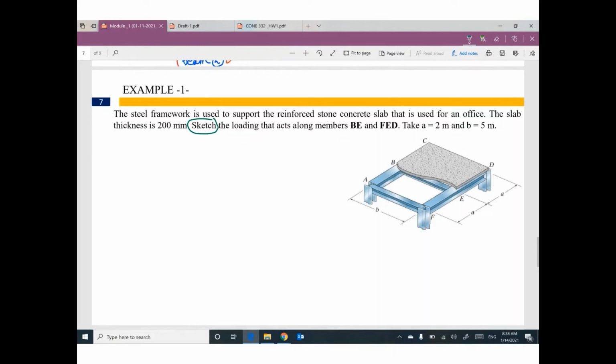Where is BE? This one. This one is BE. And member FED, this one. Dimension A is 2 meters, 2 meters, and dimension B is 5 meters.